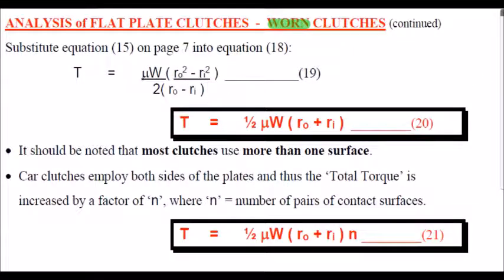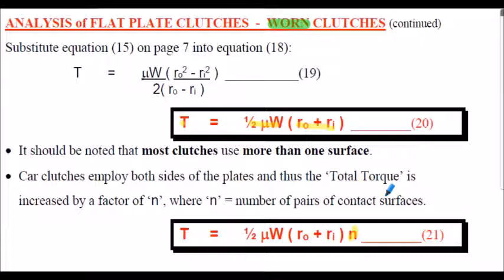So equation 20 here is torque now is a half of mu W multiplied by R0 plus Ri, and that's now the torque that can be generated from a single pair of friction surfaces for a worn clutch. And again, if we want to have multiple pairs of friction clutches, we can multiply that by n. So it's another equation.